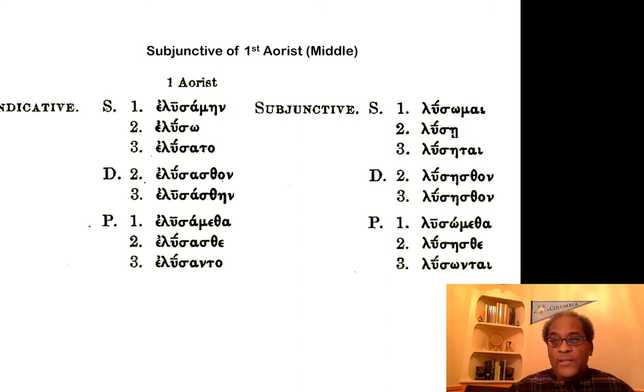In the first aorist, you see the same middle endings added to the aorist stem, exactly what you did in the active, but adding these middle endings instead: lusomai, luse, lusetai, lusometha, lusesthe, lusontai.